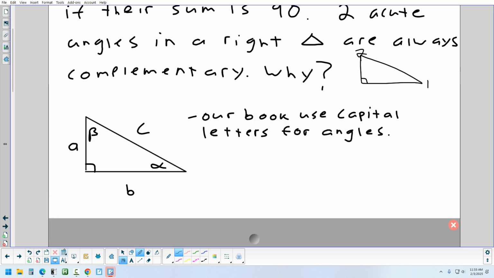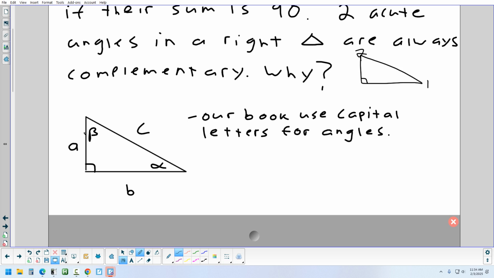So when we are labeling angles that we don't know in a right triangle, A, B, and C are the sides, so we're going to stick with lowercase a, b, and c for sides. We're going to use the Greek letter alpha to represent what's across from A, and the Greek letter beta to represent what's across from B.